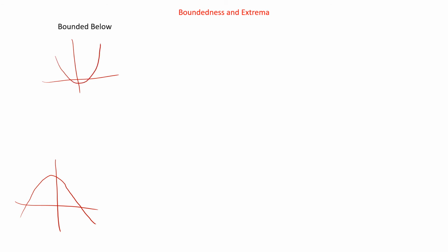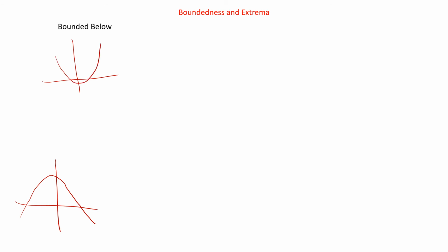Boundedness and extrema. So when we have a function that is increasing and then decreasing, say like that, this has an upper bound to it. It has the highest thing it's going to be. And that's where it changes from increasing to decreasing. Bounded below would be something like a y equals x squared parabola.